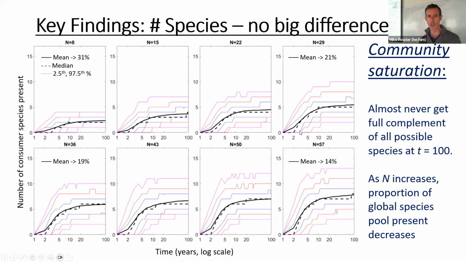There's a reduction in the percentage of the total species pool that was there as we increase the size of that species pool. So that's one interesting result. In small pools, we get almost a third of all species there. In large pools, we're tending down to 14–15%. Fewer of the total species pool is there after 100 years.